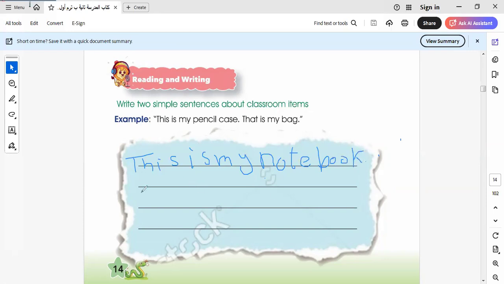That is a chair. I write an example like the previous example here. That is the chair. We say this is my books.